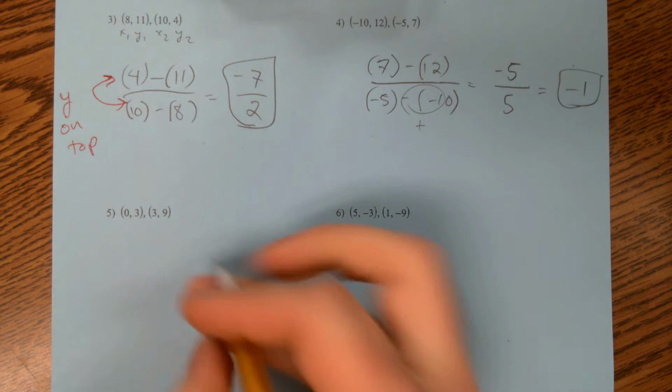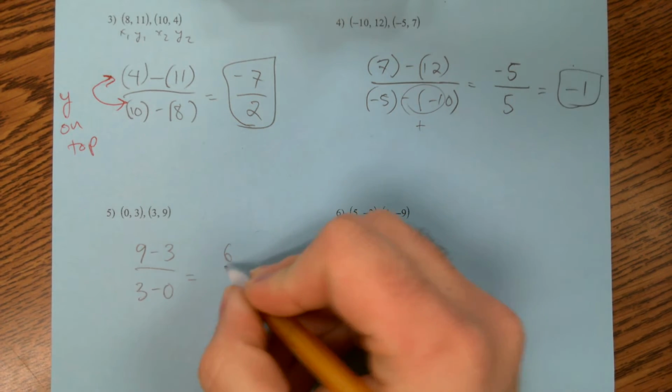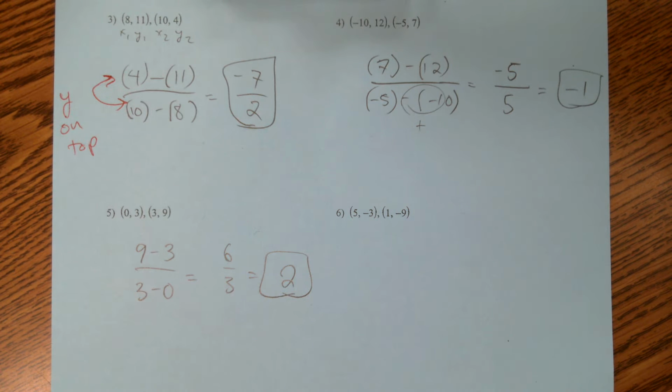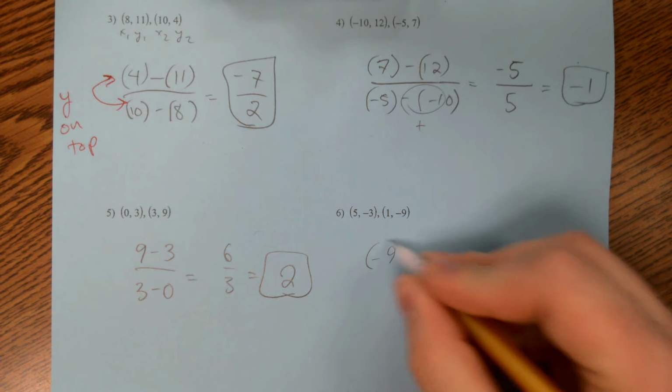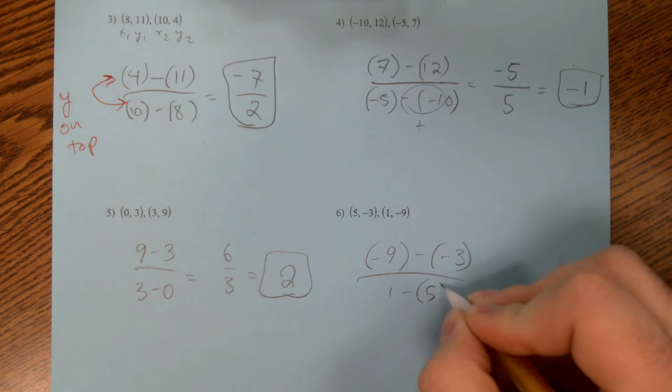All right, number 5, we got 9 minus 3 over 3 minus 0. 6 over 3 is 2. Negative 9 minus negative 3 over 1 minus 5.